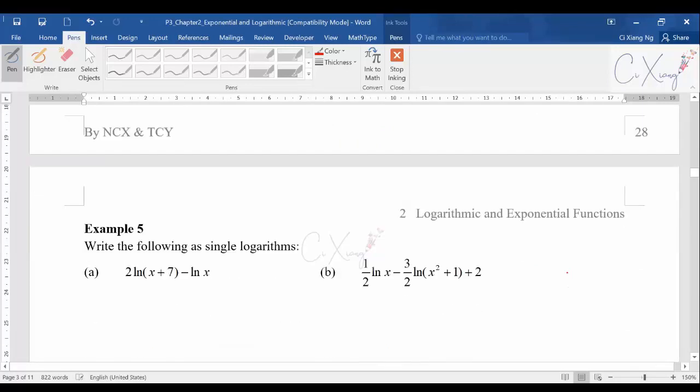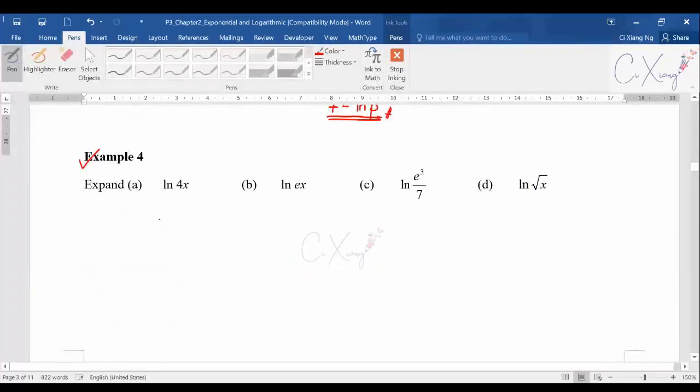Again, it is practice for you, so try to simplify it yourself. I will only write out the final answer. The rules are exactly the same as what we learned in the previous video. So the answer for part A: actually there's no step, because sometimes when you just expand and write out the answer, there is an answer already, no extra step.